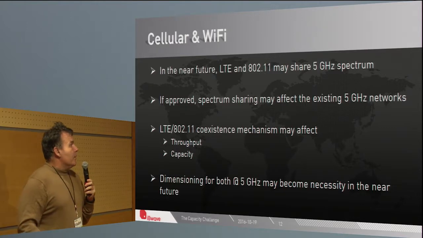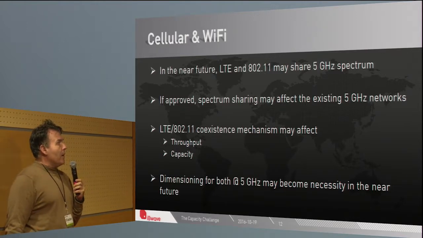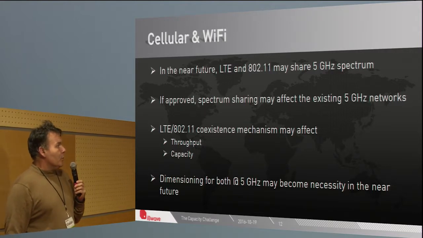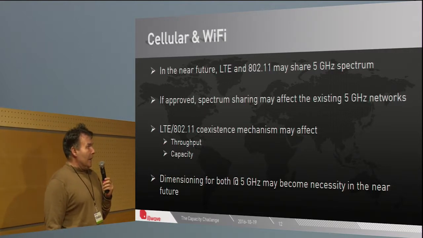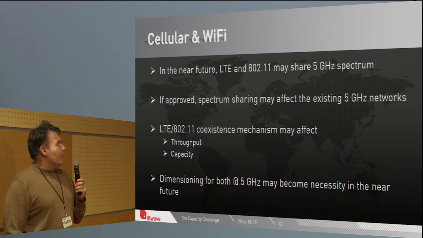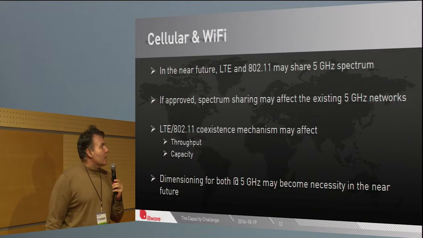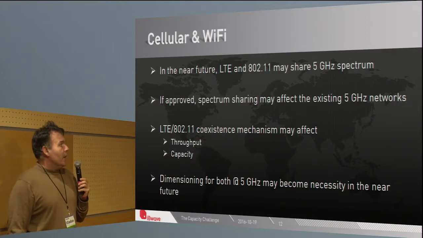So what's going to happen in the near future? You are probably aware of what's going on with something called LTE-U and LAA LTE, with Qualcomm really insisting on having inroads into 5 gigahertz.